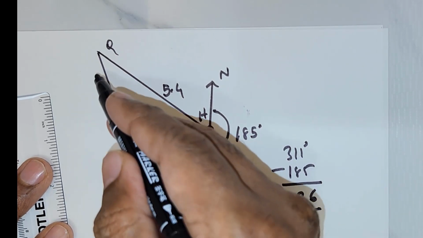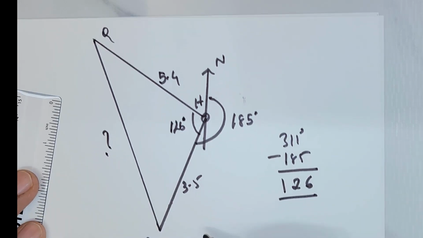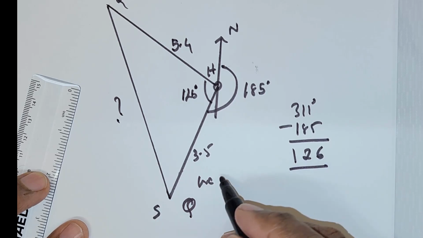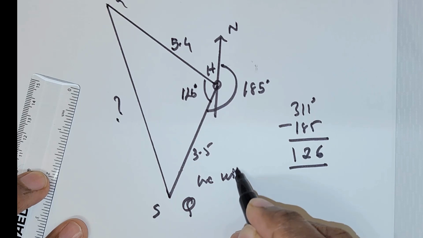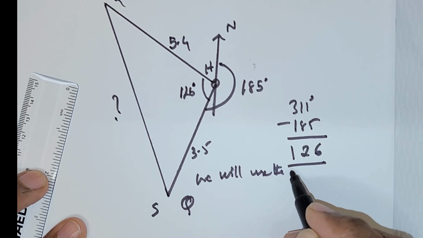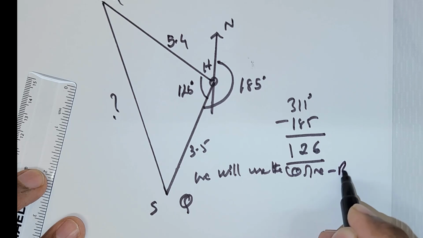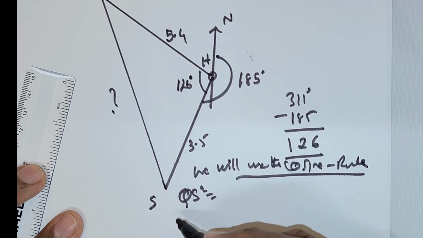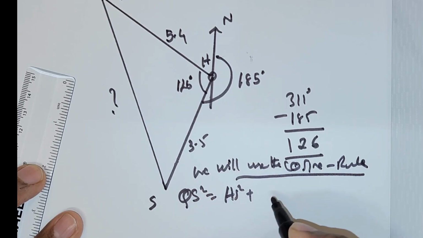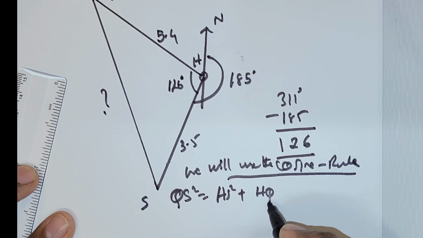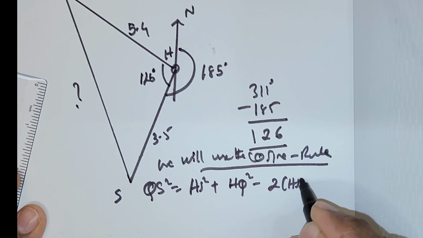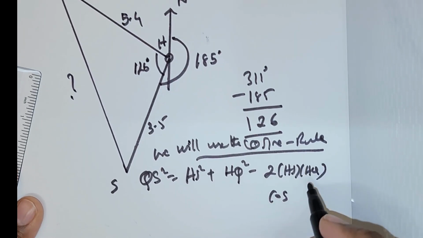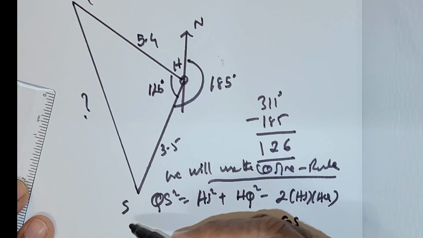Next they are asking us to find this distance QS. So we will use the cosine rule, which is QS squared is equal to HS squared plus HQ squared minus 2 times HS times HQ times cos of the angle between HS and HQ.